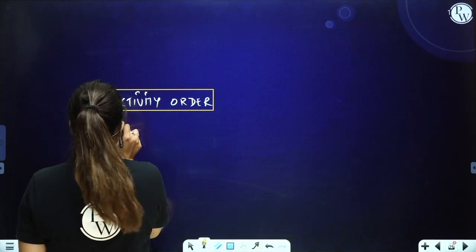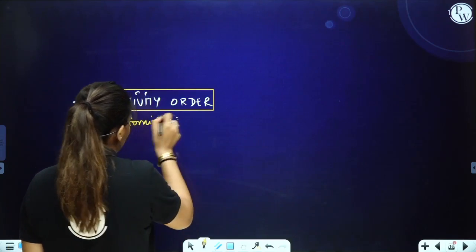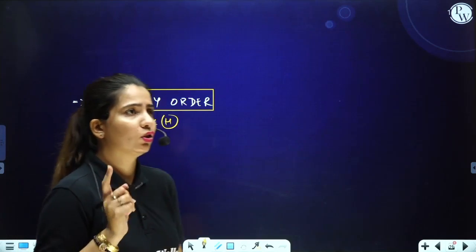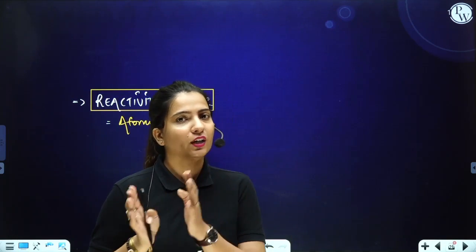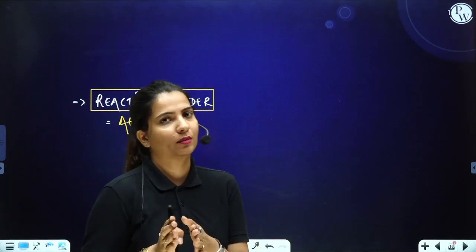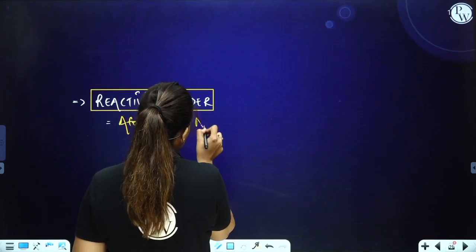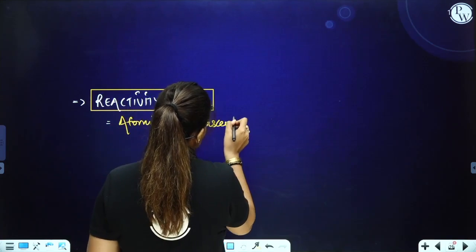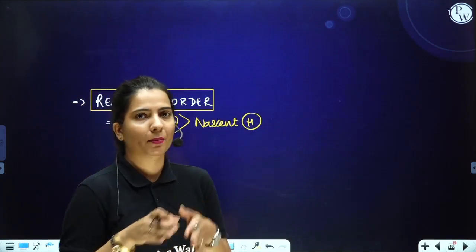So always remember, atomic hydrogen, which was formed when hydrogen was getting dissociated with the help of 5000 Kelvin of temperature, you were getting two individual hydrogen atoms. Those hydrogen atoms were considered as the atomic hydrogens. After that we have the nascent hydrogen that we have now discussed in the primary process.